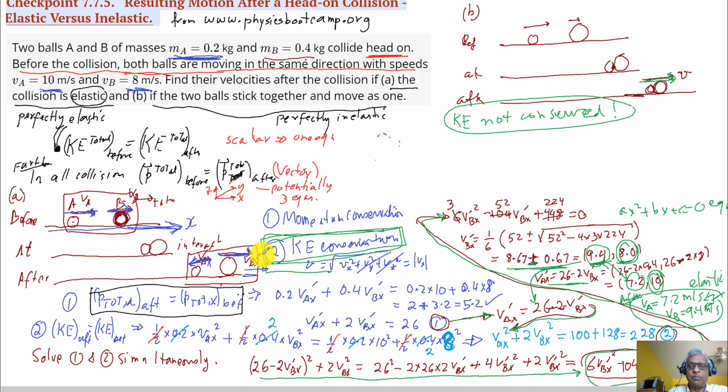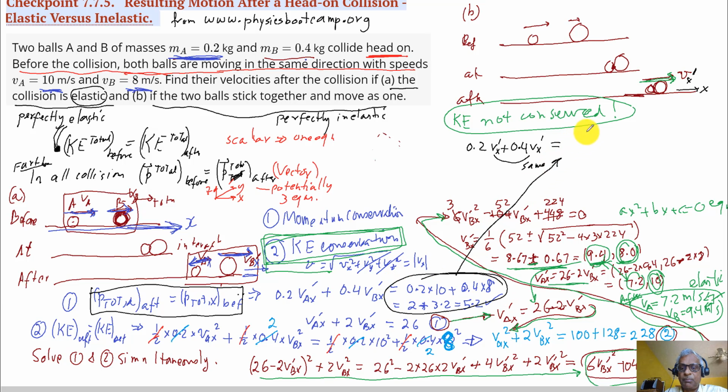So when I apply momentum, the total before the collision is the same. So I've got 0.2 times V prime plus 0.4 times the same V prime, the same vx prime, and that's equal to, along the x direction, the before the collision, which is the same, so I just copy that 5.2.